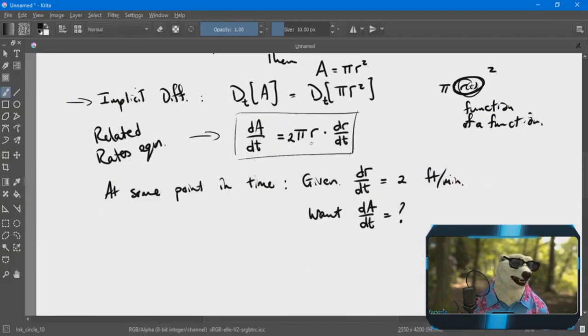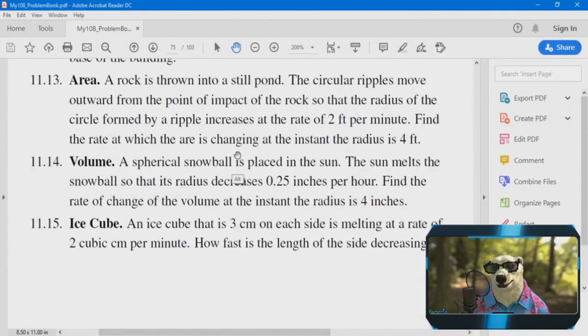And you see in this related rates equation, we have 3 things that we don't know. Only one of them can be missing, the one we want to find. We're going to have numbers for the other ones. So we need r as well. And that's why they tell me at the instant, at the moment in time where the radius is 4 feet.